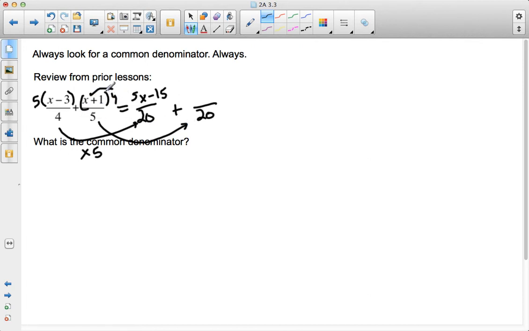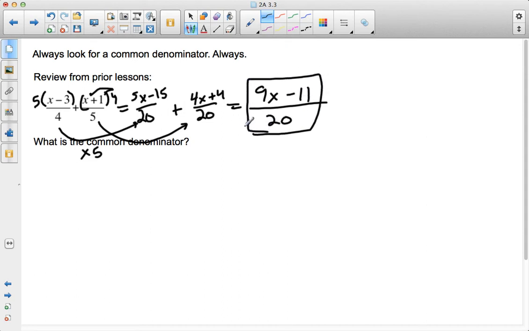So I'm multiplying 4 times x and 4 times 1, so that I get 4x plus 4. Now I'm going to combine everything over 20ths, and I have 5x plus 4x, which is 9x, and negative 15 plus 4, which is negative 11. So my answer is 9x minus 11 over 20.